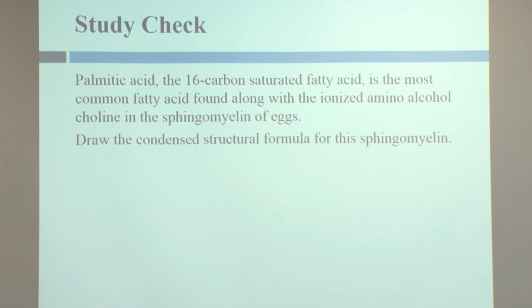Draw the condensed structural formula for the sphingomyelin. So we'll start with the sphingosine molecule, and the most common fatty acid is the 16 carbon saturated palmitic acid. I would ask you to look on page 531, and there is your condensed structure.